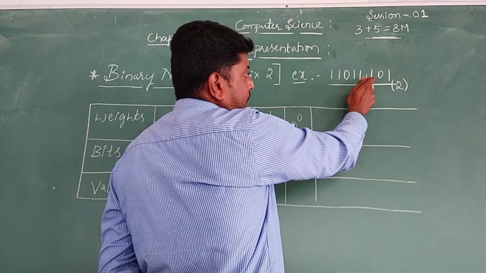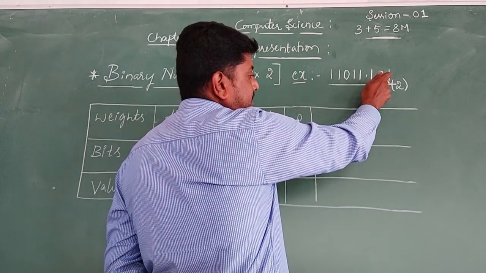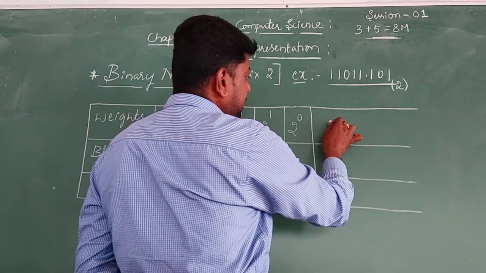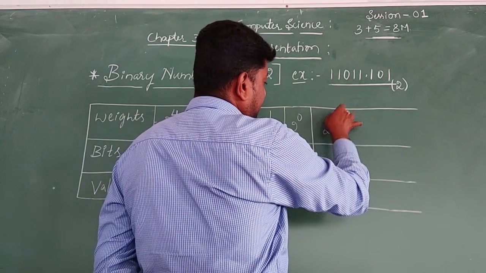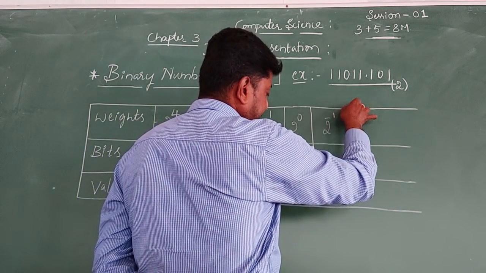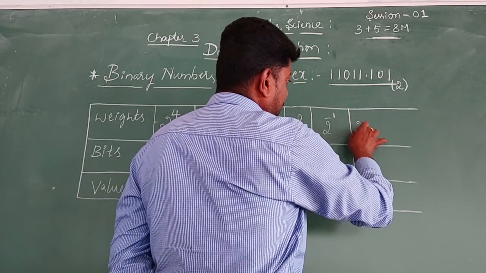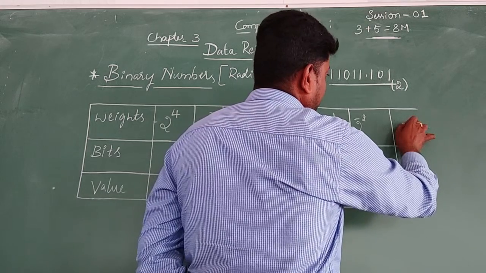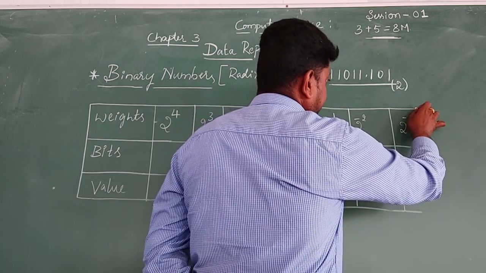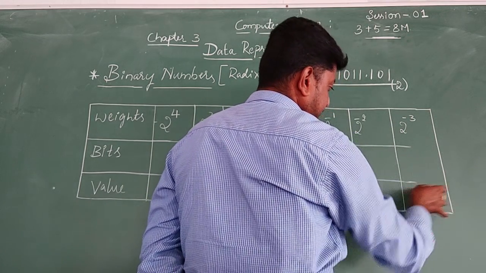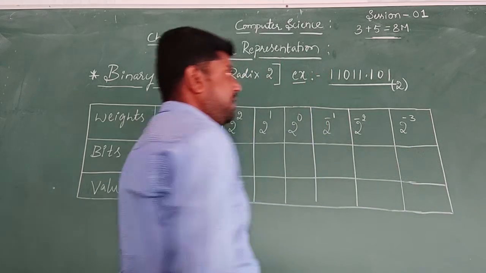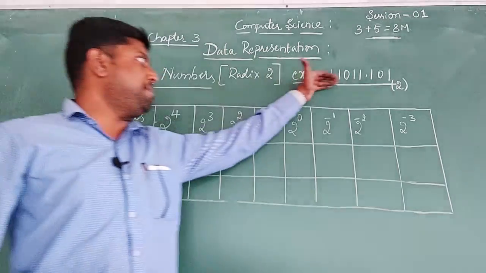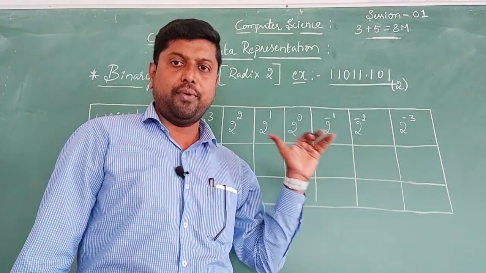So after the decimal point, I will consider these digits by their negative powers. Hence 2 to the power of minus 1, 2 to the power of minus 2, and like that 2 to the power of minus 3. This is the normal weightage for converting any binary number into its decimal value.